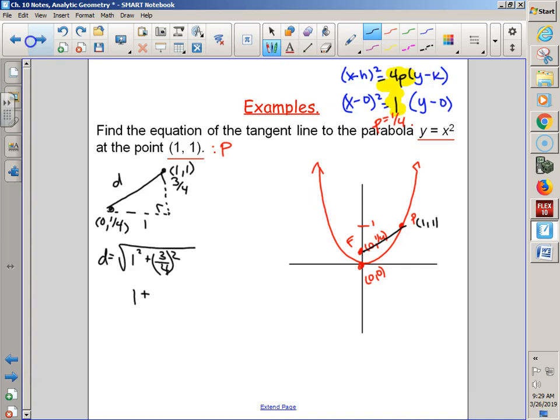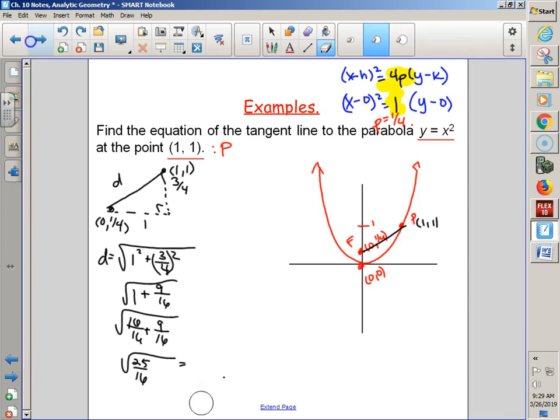Shouldn't we be able to multiply fractions to get 9/16? Shouldn't we be able to get common denominators to get 16/16 plus 9/16? Shouldn't we be able to add fractions with common denominators to get 25/16? And shouldn't we be able to square root to get 5/4? Just kidding.